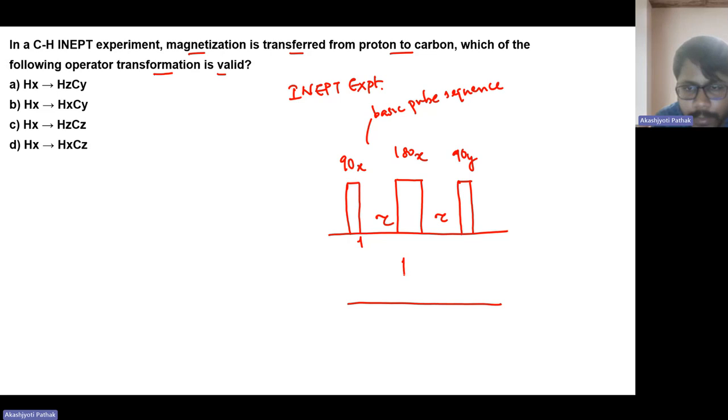So what I'm trying to do is circumvent the issues that are related to selective inversions. Because of that, I am doing this INEPT experiment. So this is my 180x pulse, and this is the 90x.